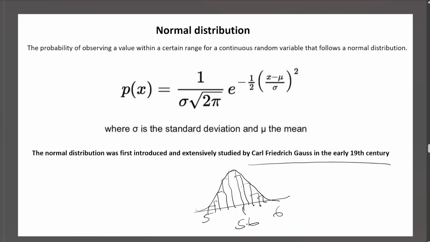Okay, so till now we were discussing the probability mass function. From here onwards, it will be the probability density function, because it is a continuous distribution.